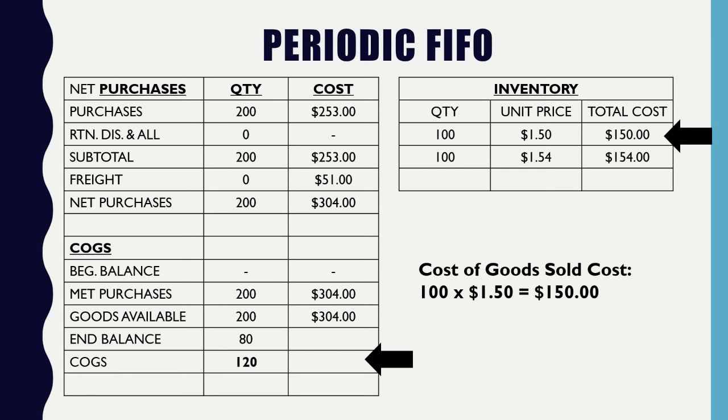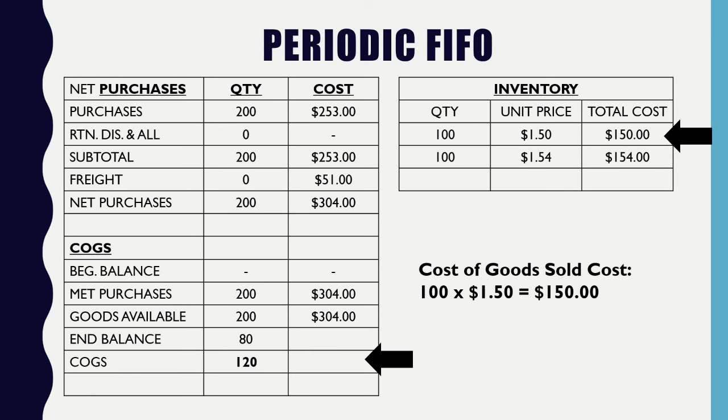If the second batch has 100 items available, and we need to sell 20 of them, how do we calculate that? 100 minus 80 equals 20.